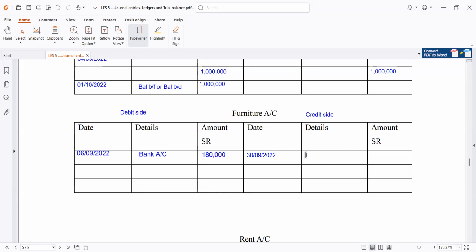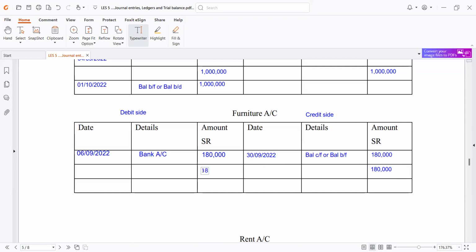And the details is balance carried forward, or you choose balance brought down, the other one is brought forward. And the amount is 180,000, like that. So both sides, you have a balancing figure of 180,000.